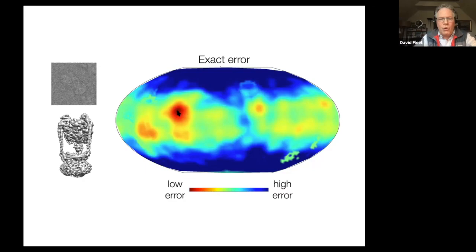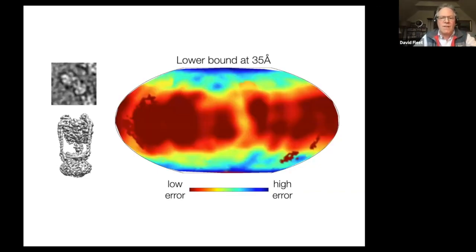But if we only take a few low frequency components of the image and calculate the error surface, and then from that a bound, we get something that looks like this. So using only these low frequency components, we get this lower bound on the error. And what this tells us is there's no way it can be up here near the poles. We know that it's somewhere in this region or here or here or here.